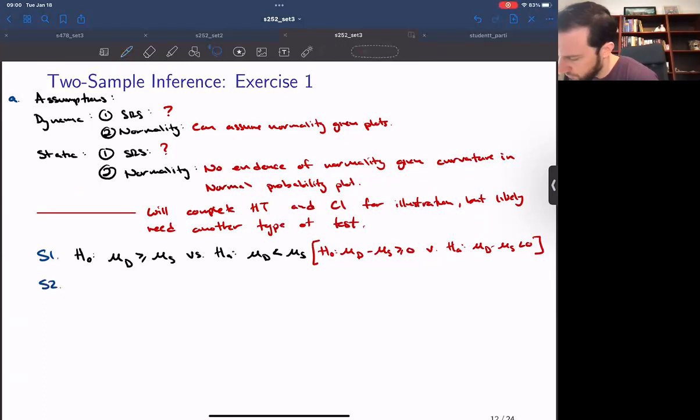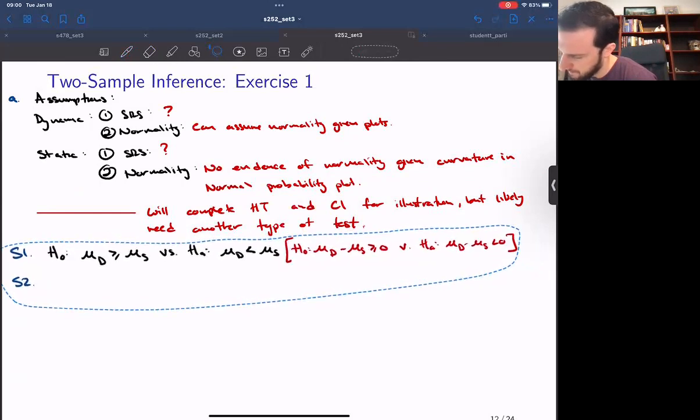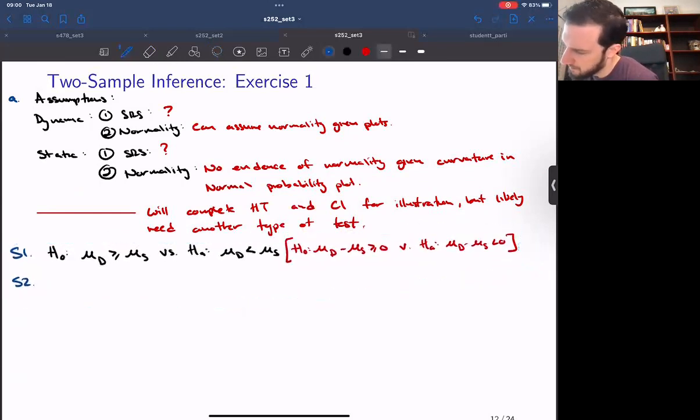Okay, on step 2, we have our significance level, alpha equals 0.05. On step 3, we have our test statistic.